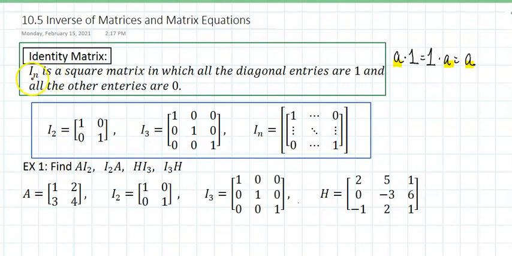In matrices, I sub n is a square matrix. What does square matrix mean? Square matrix means the number of rows equals the number of columns. And when you draw it, it doesn't look like a rectangle, it looks like a square. That's where the name comes from. So it is a square matrix in which all the diagonal entries are 1 and all other entries are zeros.